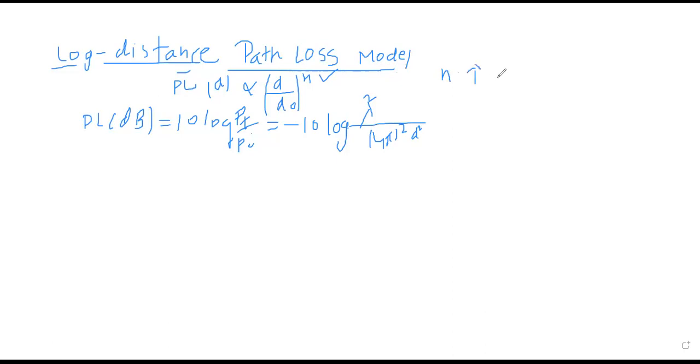Here d naught is the reference distance, the closest reference distance determined from measurements close to the transmitter, and d is the separation distance between the transmitter and receiver. These two equations are the base equations in the long distance path loss model.